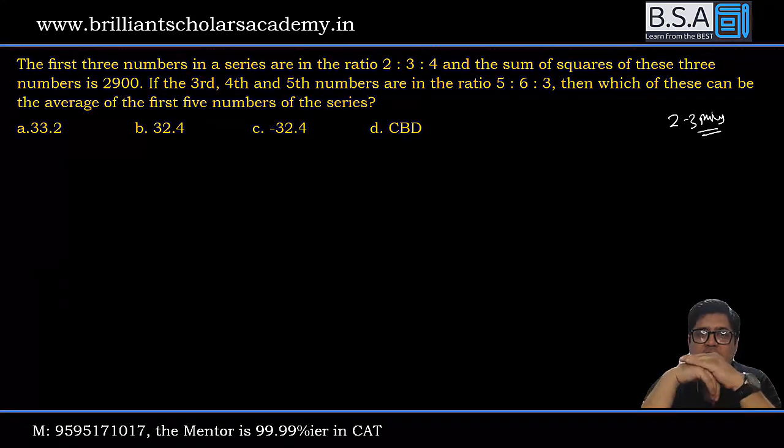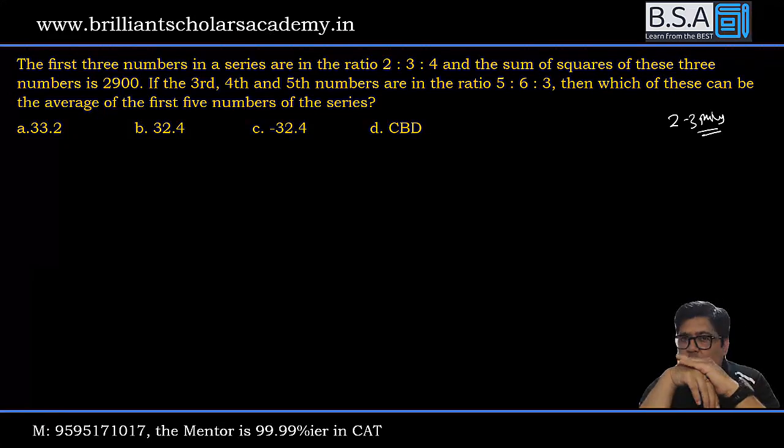First three numbers of the series are 2 ratio 3 ratio 4. Sum of the squares of these three numbers is 2900. If the third, fourth, and fifth numbers are in the ratio 5 ratio 6 ratio 3, then which of these can be the average of first 5 numbers of the series?